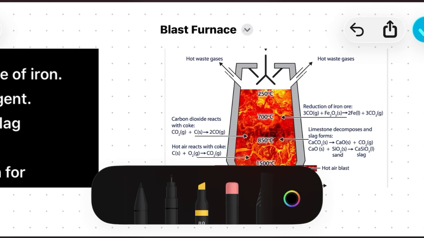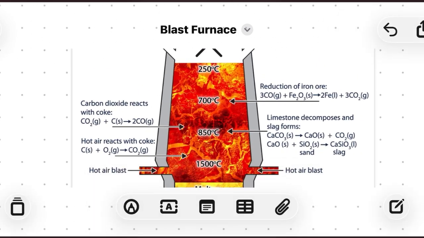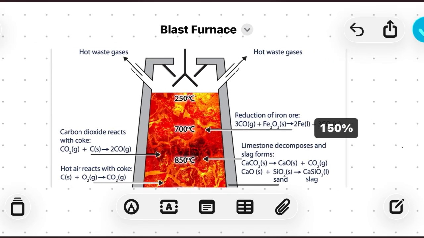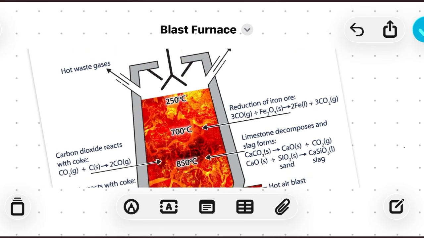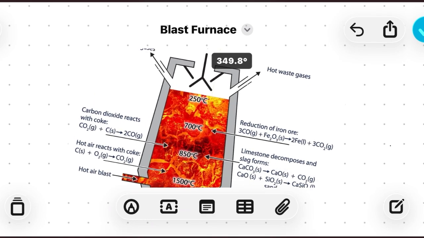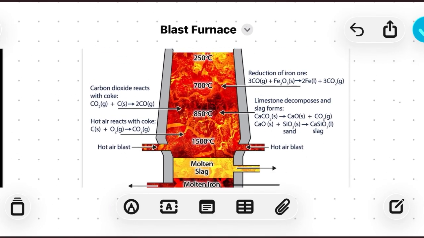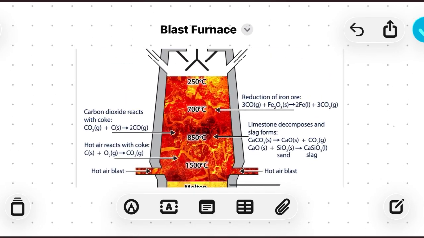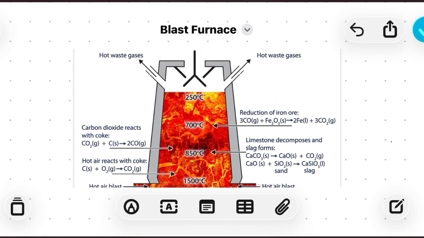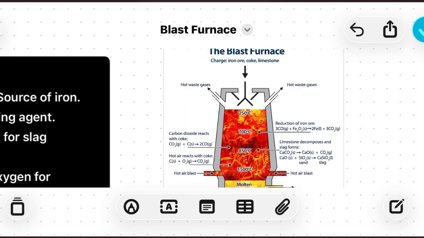Okay, here you can see the actual blast furnace reaction process and the blast furnace temperature. The temperature looks like this. In the bell or throat region, there is about 250 degrees centigrade.